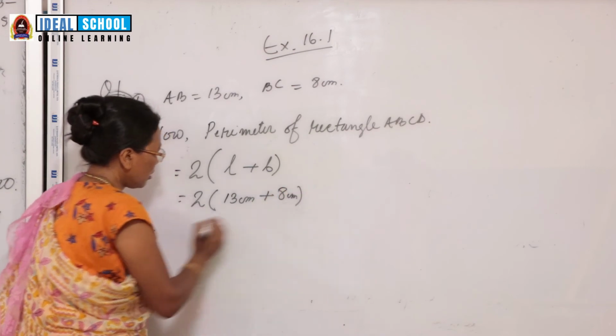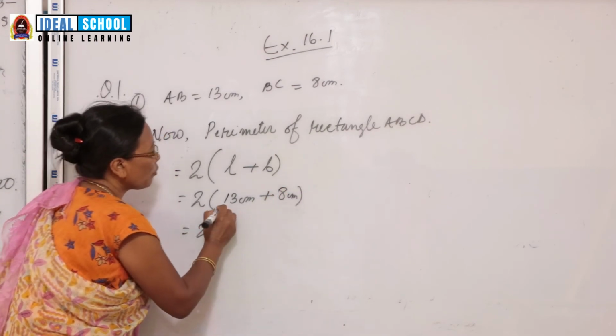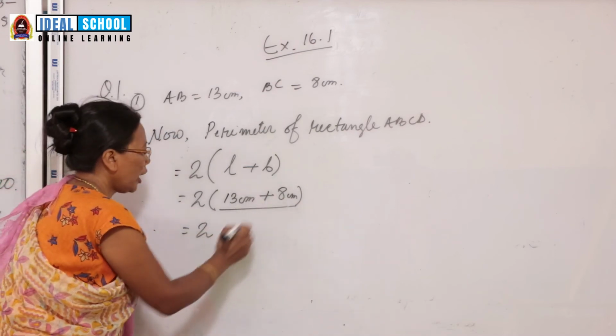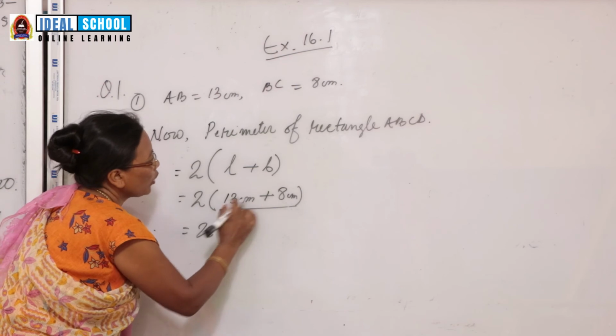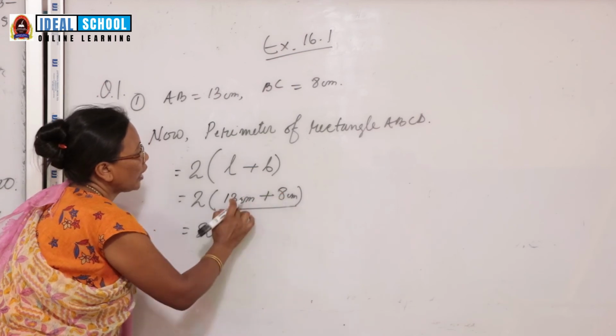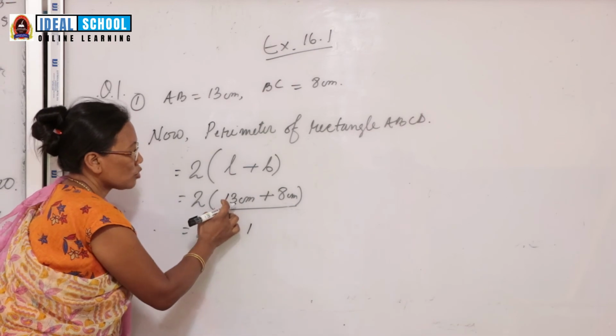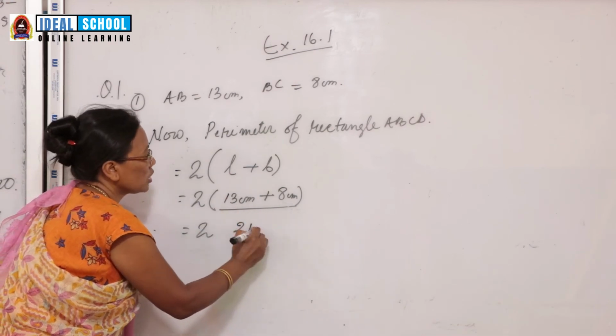Between these two numbers there is a plus sign, so we add together: 8, 9, 10, 11, 1 in hand, 1 plus 1 equals 2. So 21 centimeter.